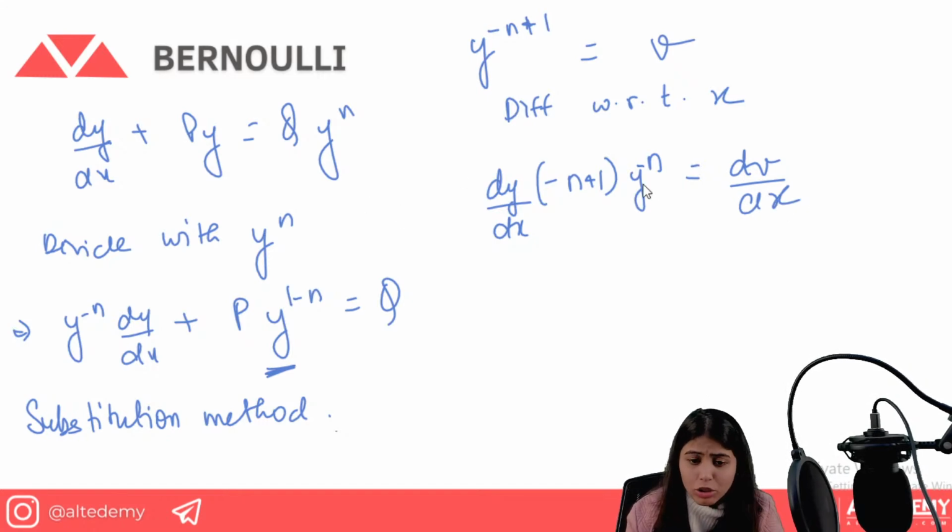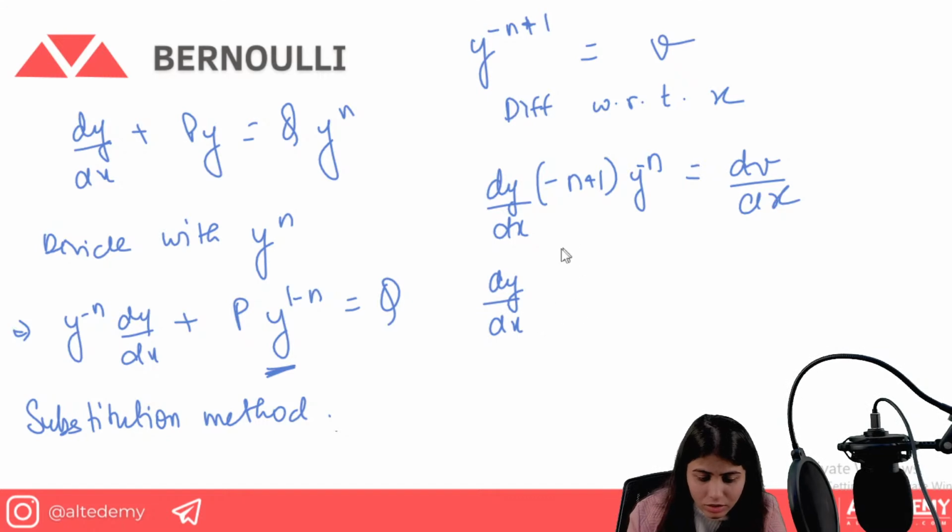Now just making it to the normal form, what we got here is dv by dx, it's not dy, it is actually dv.